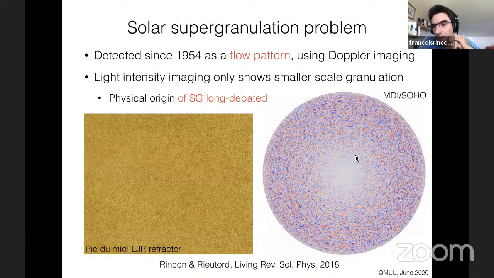It's been a long-time controversy in the solar physics community what the origin of this is, because granulation was recognized as an important dynamical pattern. And so the question was whether this was also some kind of convection, or whether it was due to some kind of inverse cascade of smaller scale granulation dynamics, whether it was associated with rotation, or with another physical phenomenon due to stratification or whatever.